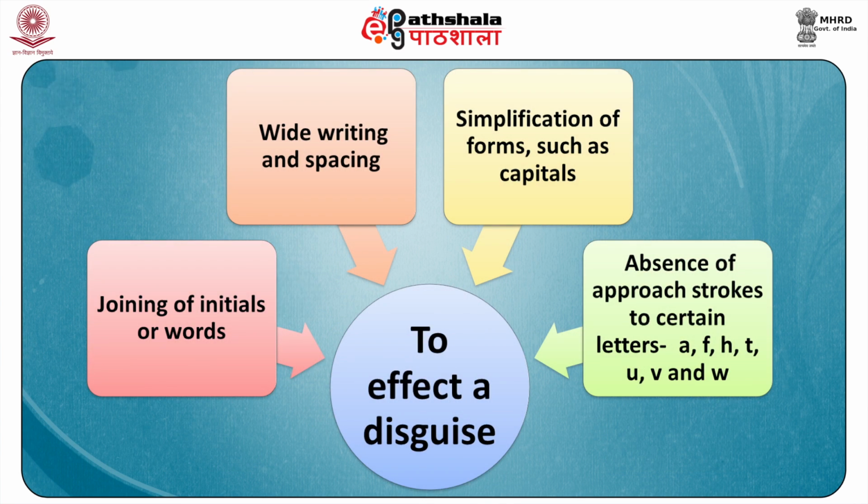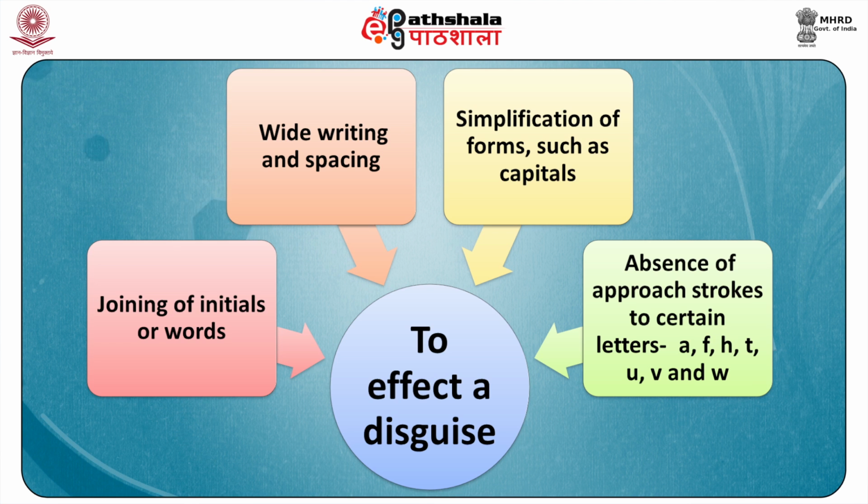In general communication, the more quickly the writing is written, the more natural it is. The following are also signs of naturalness when found in large bodies of writing, for example, a note or a letter. Number 6 would be joining of initials or words.